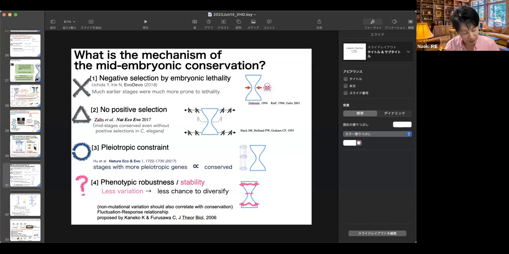I do not have a clear answer or evidence for this, but my assumption is that the set of organ modules or system modules observed at the mid-embryonic stage, or body plan developing stage, was so successful and so important. And that's the reason I think they have been more stabilized, robust and conserved. So it's almost like vice versa.